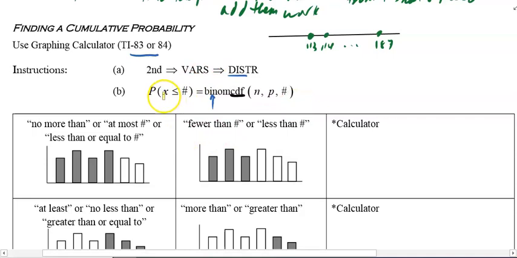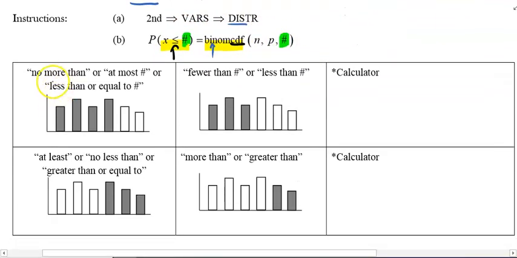Whenever you're looking at x being less than a number, less than or equal, you use the binomial CDF. This number right here is that number right there. So this only works for less than. So when I'm looking at no more, at most, less than, if I make this b, this is the probability that x is less than or equal to b.